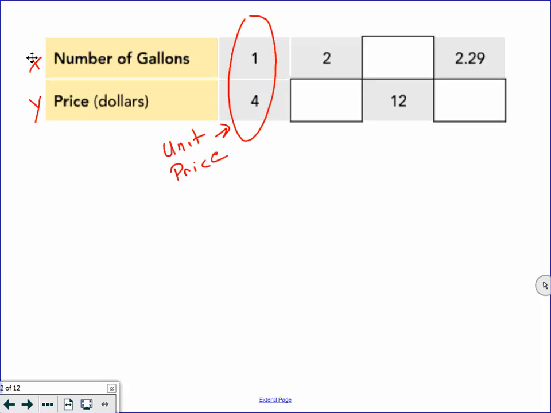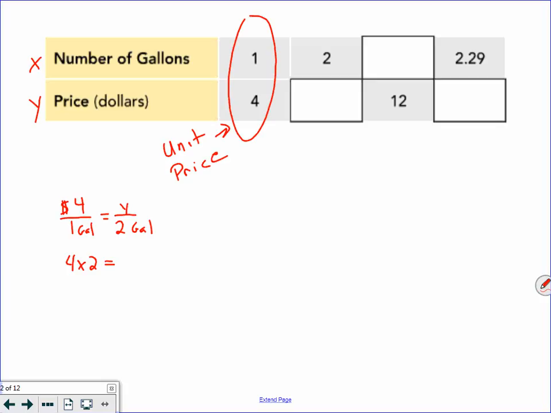Now, when I write my unit price, I always want to put the money over the quantity. In this case, it's gallons. Now if I wanted to figure out the price for 2 gallons, I can do the proportion like we've been doing. So it's 2 gallons, so that 2 would have to go on the bottom. Now I can cross multiply here, so 4 times 2 equals 1 gallon times our dollar amount, which we don't know.